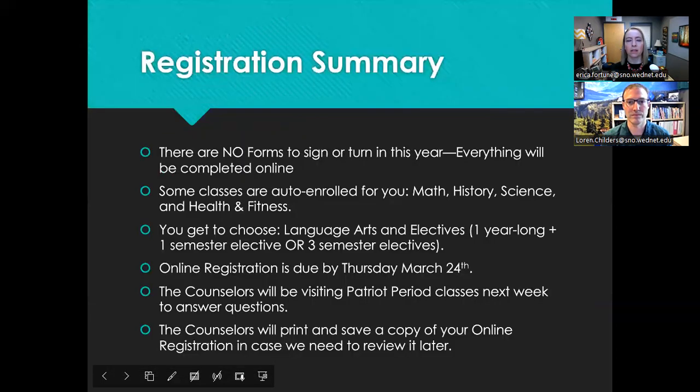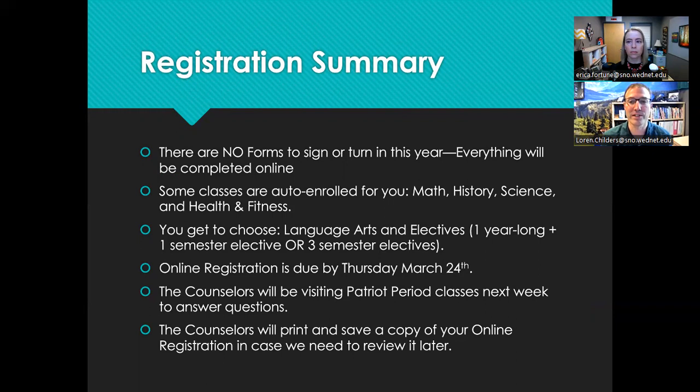So just to sum things up, we are not collecting any of the forms that you're filling out or using as a planning tool. All your registration will be done online. Everything that's put in online is what we will be looking at. Some classes will be auto-enrolled for you. Again, based on your current math placement, that's what the next level would be, where you're going to be placed in math.